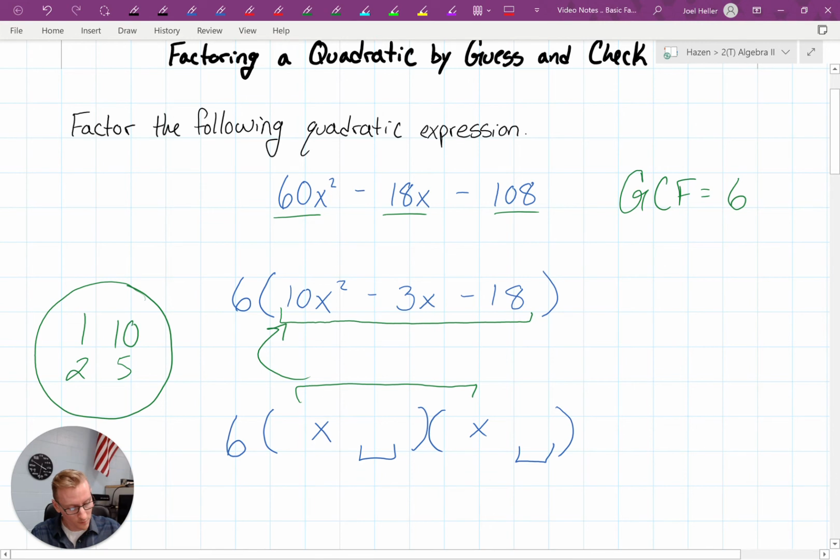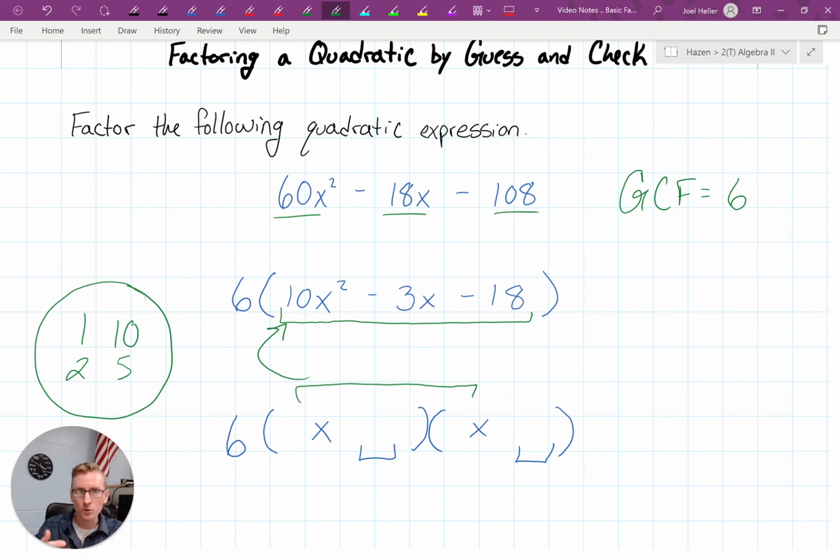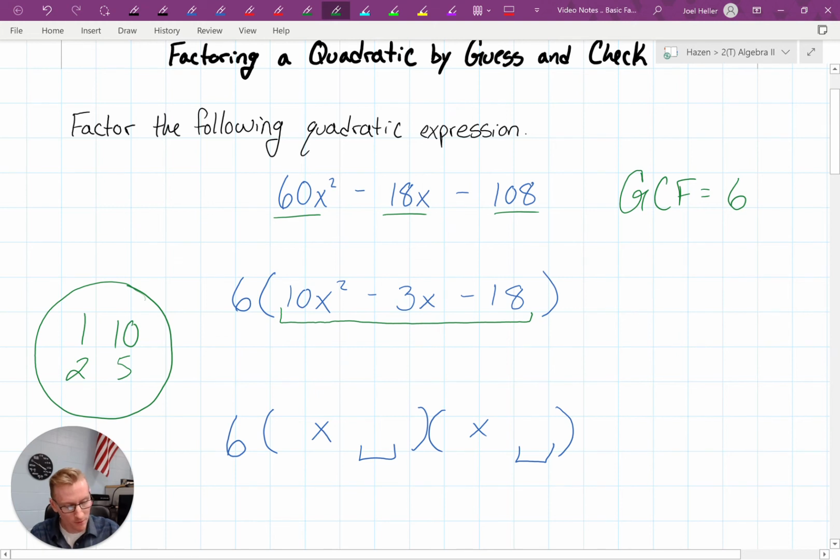So what I'm going to do is test the combinations of those factor pairs to see which one works. But before I get there, let's think about these two numbers. If I multiply those two numbers together, what do I end up with? I end up with that negative 18. So the possibilities for numbers that are going to go in these slots have to be factors of negative 18.